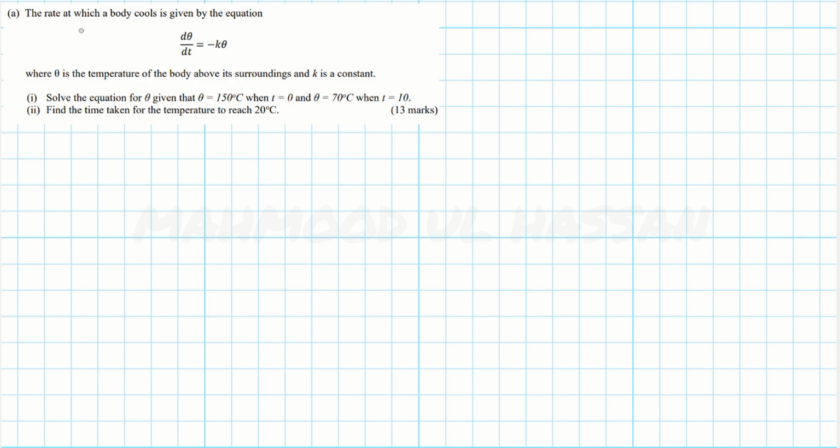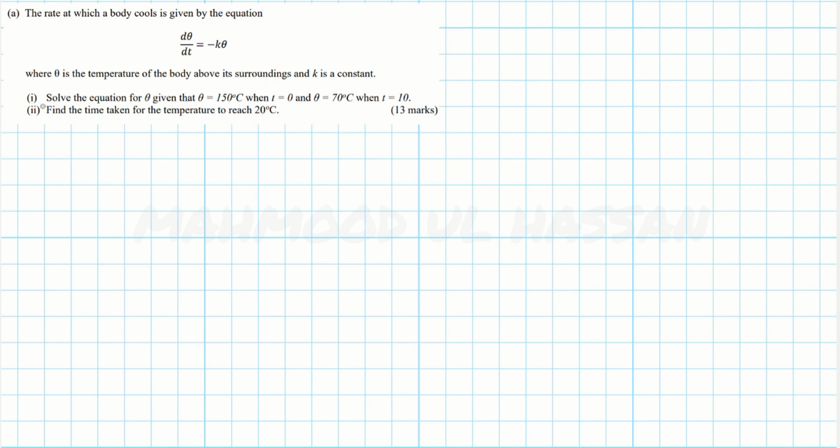The question is: the rate at which a body cools is given by the equation d theta over dt equals minus k times theta, where theta is the temperature of the body above its surroundings and k is a constant.